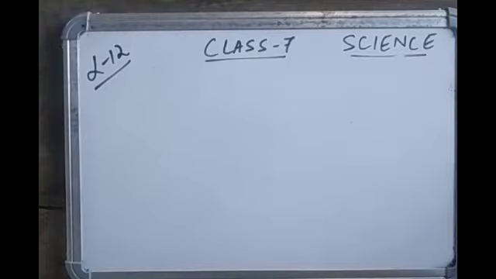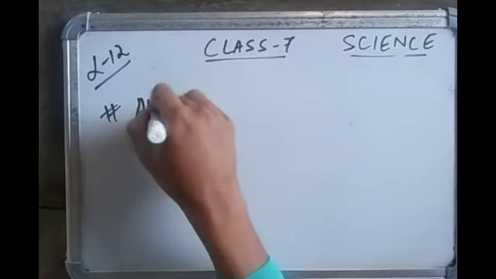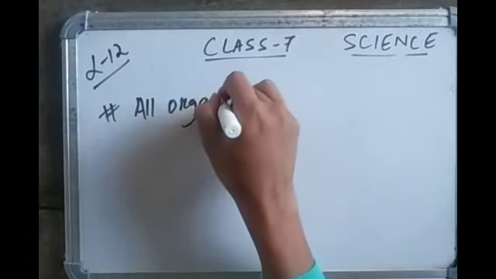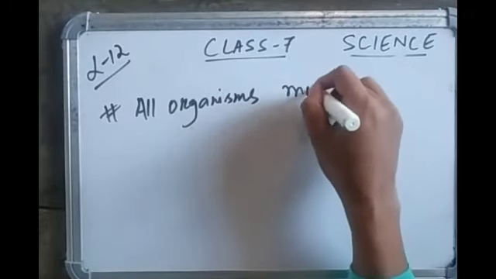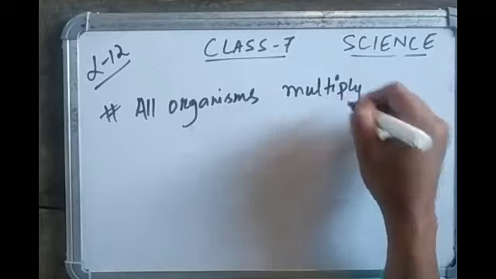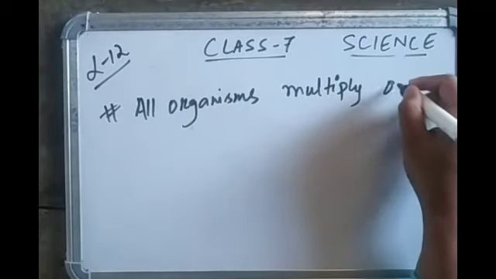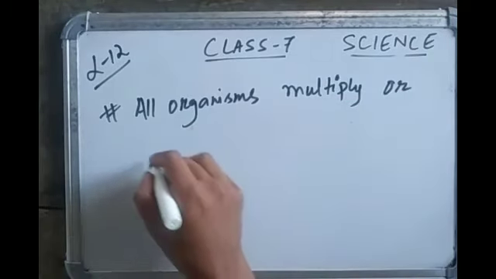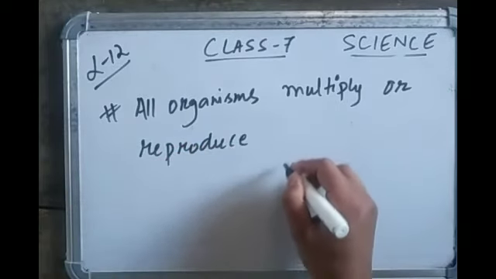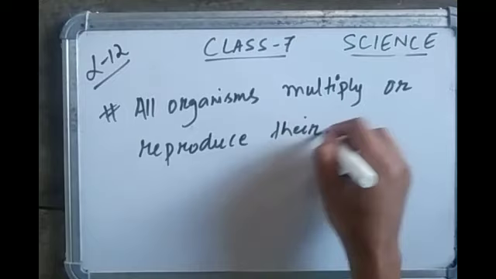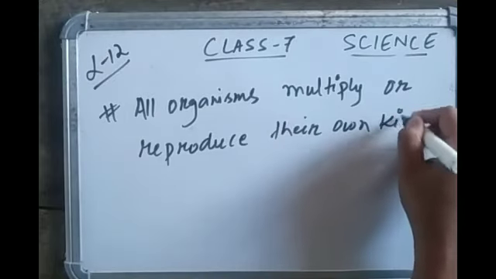So far we have learned that all organisms multiply or reproduce their own kind.